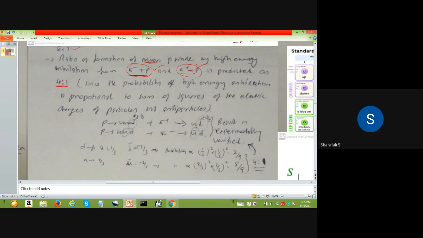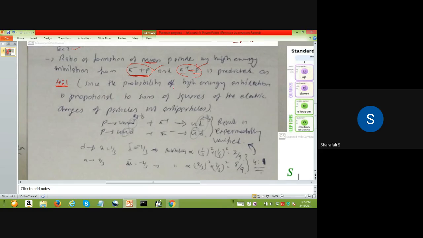So in the first annihilation process, we have 4 muons. In the second annihilation process, pi plus and proton, we get 1. Which means the ratio between them is 4:1. Why is this happening?